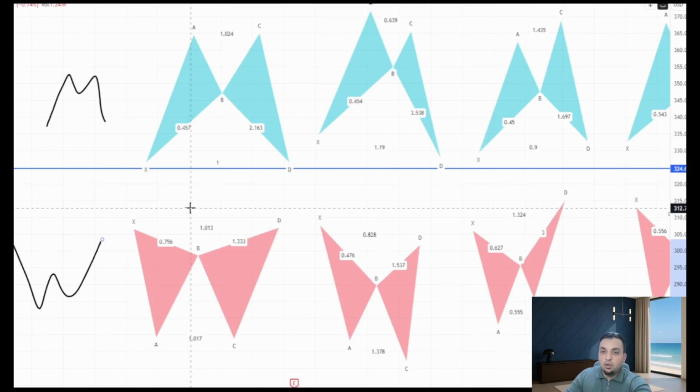So now, every time we have a W pattern, and it doesn't matter if the D is higher or lower than the X, or if the C is higher or lower than A, if it looks like a W, it doesn't have to be perfect, when D is equal to X or A is equal to C. If we have something that looks like a W, we need to anticipate a bearish move. If we have something that looks like an M pattern, we need to anticipate a bullish move.